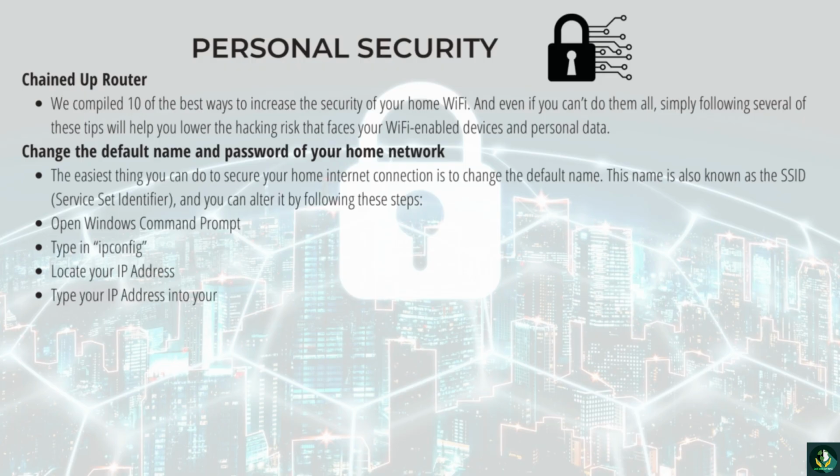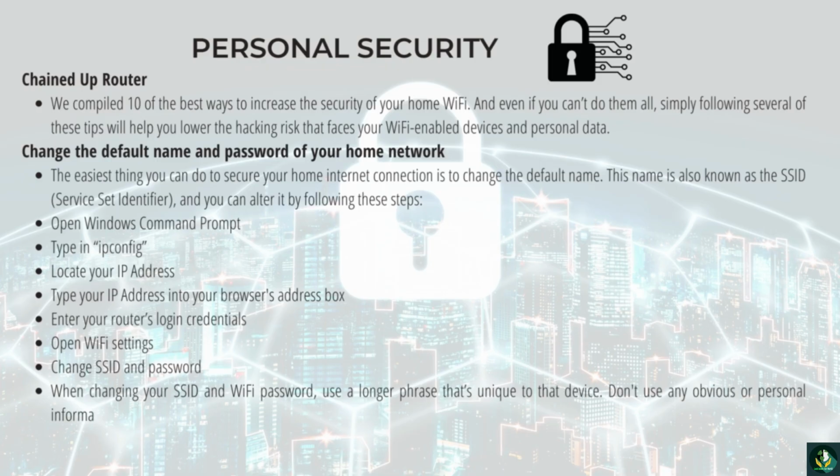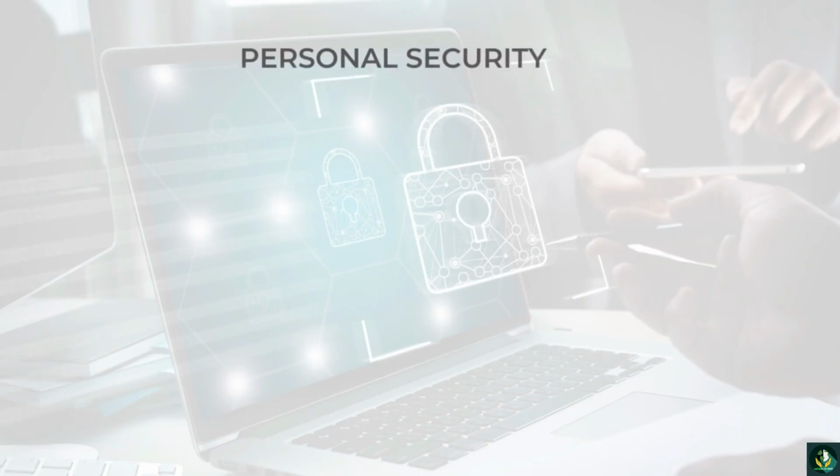Type your IP address into your browser's address box. Enter your router's login credentials. Open Wi-Fi settings. Change SSID and password. When changing your SSID and Wi-Fi password, use a longer phrase that's unique to that device. Don't use any obvious or personal information, such as your name or birthday, during this process.